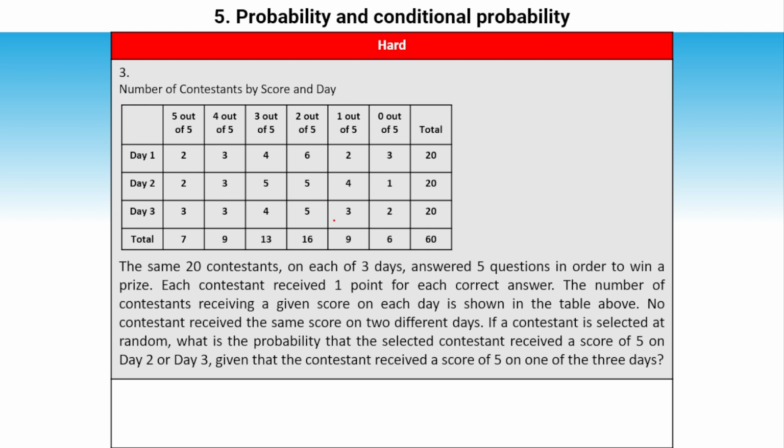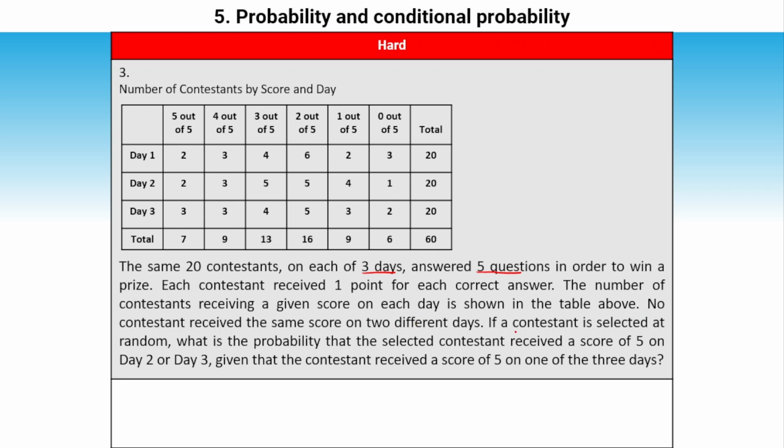Okay, it's quite long and the table is quite large. Number of contestants by score and day. The same 20 contestants on each of 3 days answer 5 questions in order to win a prize. Each contestant receives 1 point for each correct answer. The number of contestants receiving a given score on each day is shown in the table above. No contestant received the same score on 2 different days.